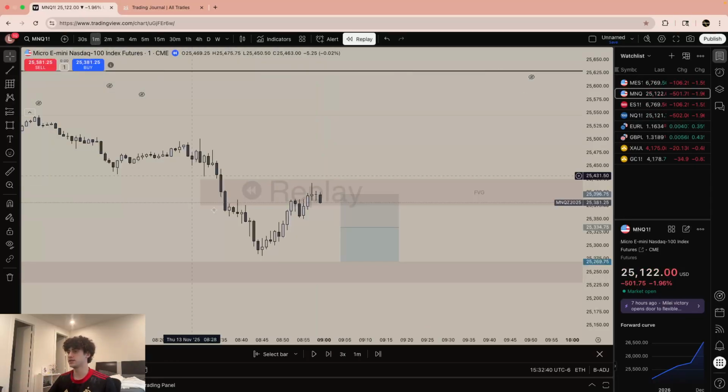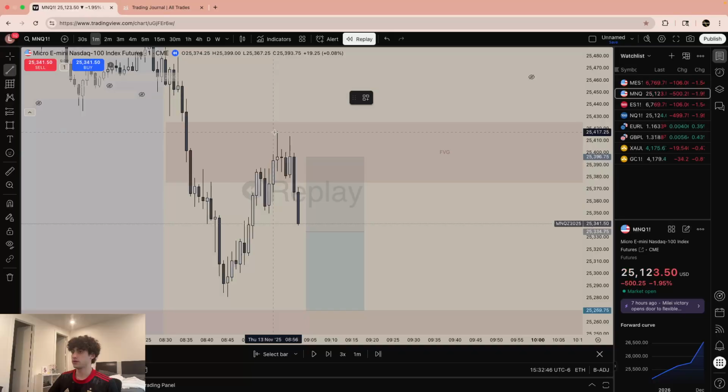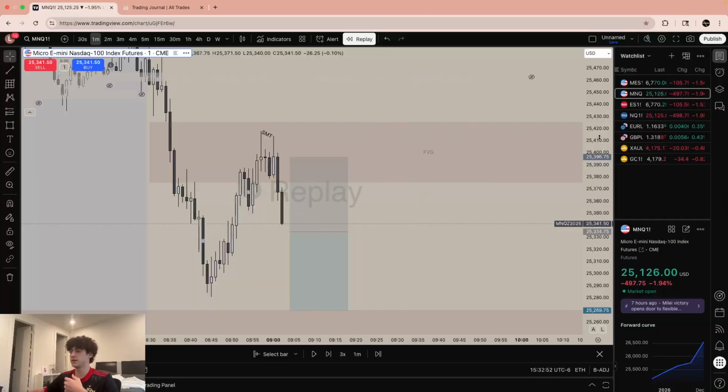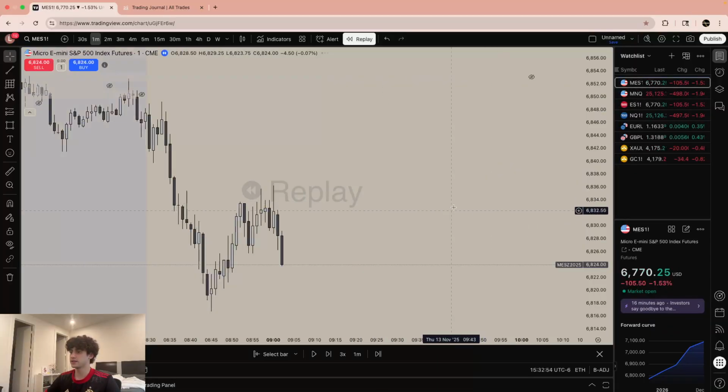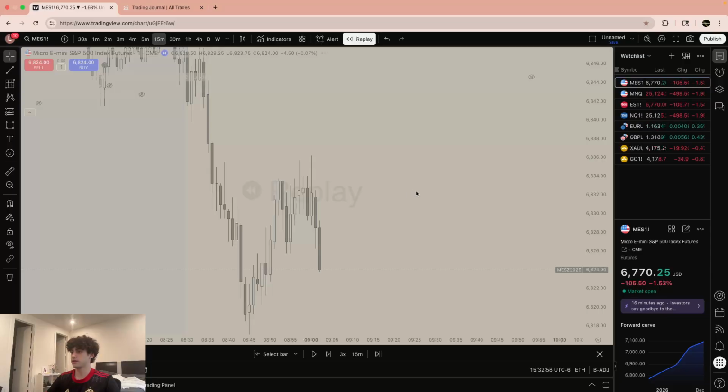And at the same time that this 15-minute gap gets open, we create an SMT right here on the 1 minute, where NQ stayed only in the 5 minute and didn't tag the 15-minute, while here on ES, you see we had the 15-minute.